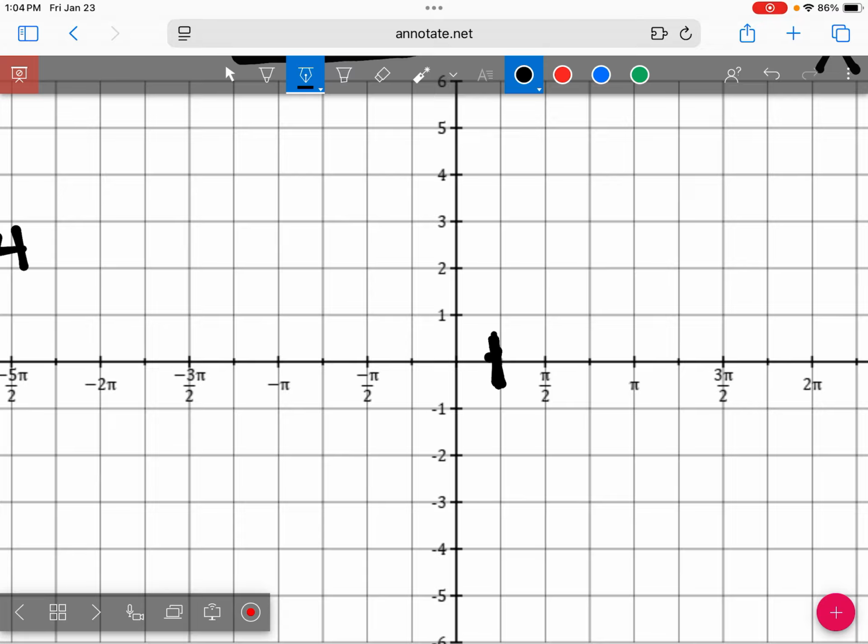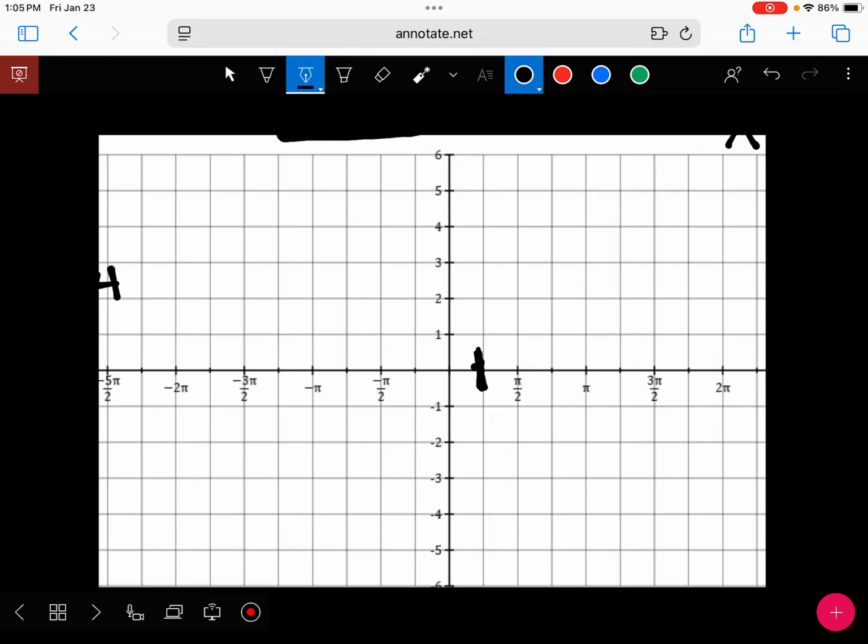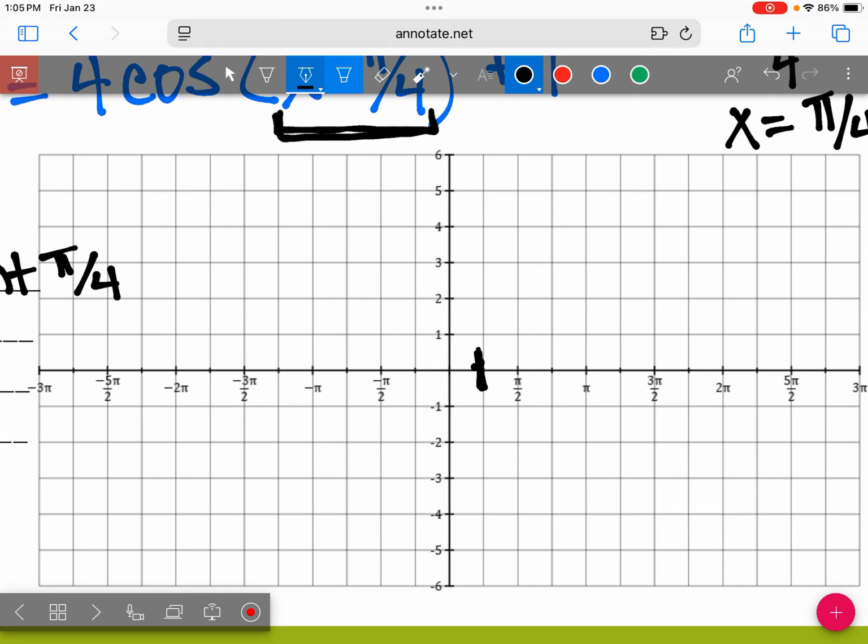So every single mark is 45 degrees is what I'm trying to say. So this would be 0, 45, 90, 135, 180, 250. Okay, so this is counting by 45s. So this is where I'm gonna start. But I'm still going to end at 2 pi, which means that I have to add 2 pi.